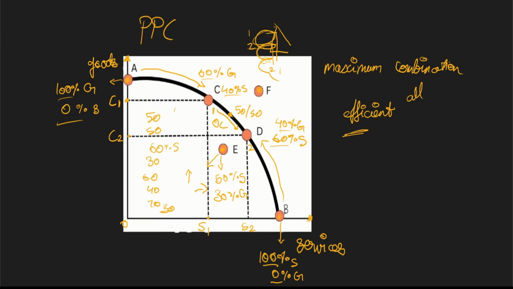Now, F is a hypothetical case where it exceeds the current production possibility of the country, but in the future, due to economic growth, if the PPC expands outwards, then F may very well be on the production possibility curve or within the curve, at which point that would be possible, right?